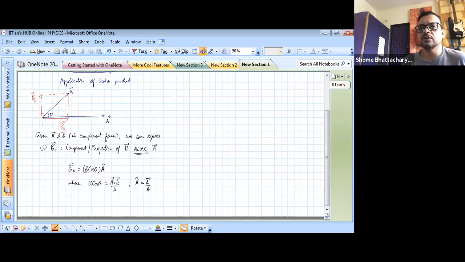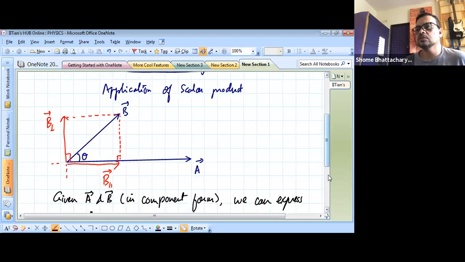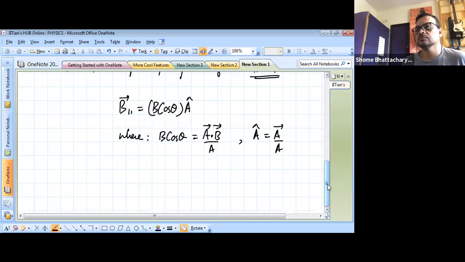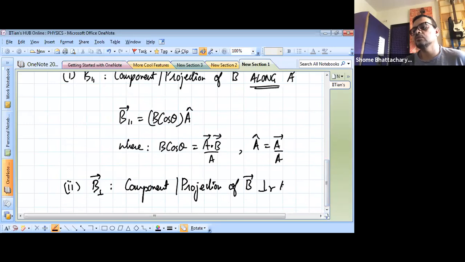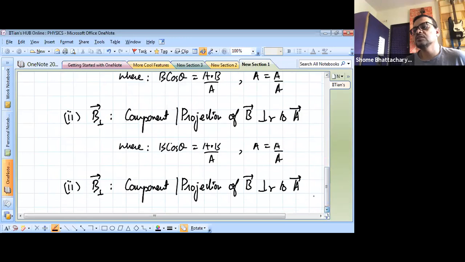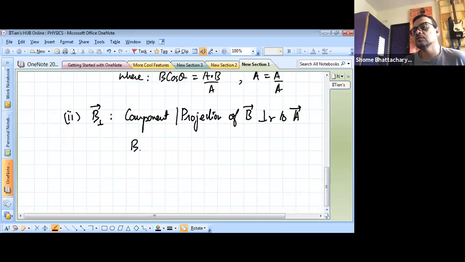And similarly, the other component, the one which is perpendicular, B perpendicular, is the component or projection of vector B perpendicular to vector A. This is calculated using the formula B minus B parallel.